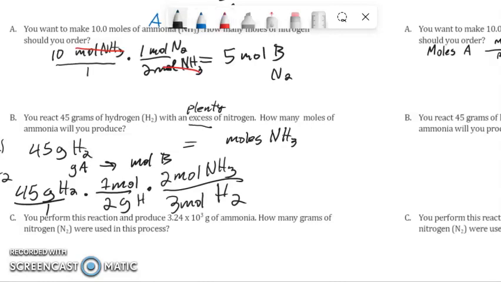Oh, I didn't do what I told you to do, which is to keep track of substances. All right, we have grams of hydrogen that can cancel out, moles of hydrogen that can cancel out, and we're being left with what we want, which is moles of ammonia. So you can see here that the 2's will also cancel out. So we've got 45 divided by 3, which means we have 15 moles of ammonia as our answer.